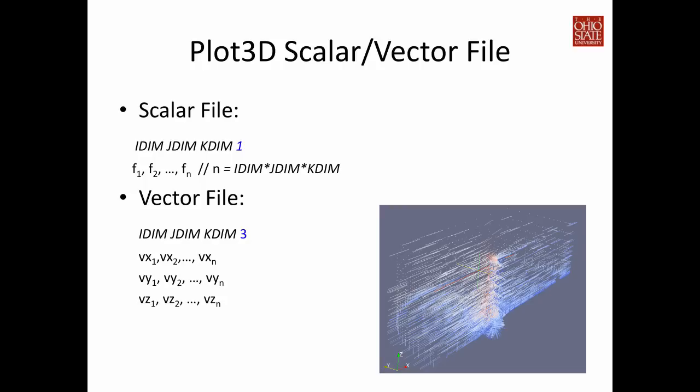Noting that this is not always the most efficient way to store the data, because for every point, if you want to get the vector, you have to get an x component value and have a long jump, and get a y component value and have a long jump, then get a z component value after a long jump.